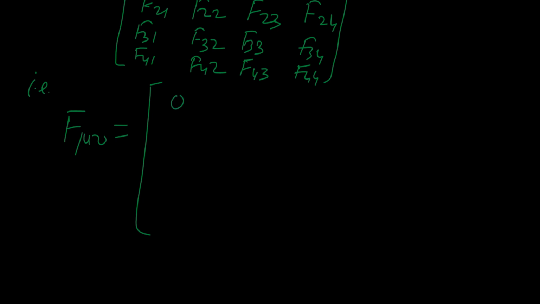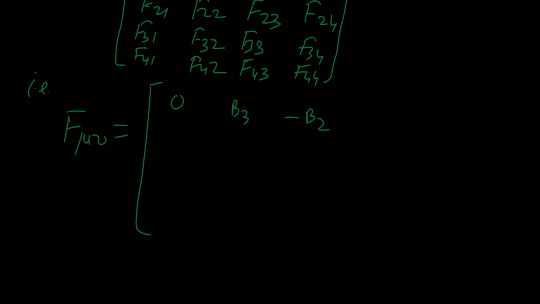F12, see above, F12 is simply B3. F13, you see above, F31 is B2, so what will be F13? By the property F mu nu equal to minus F nu mu, you may say F13 will be equal to minus F31, and so that will be equal to minus B2.